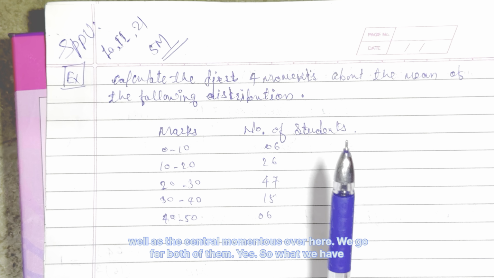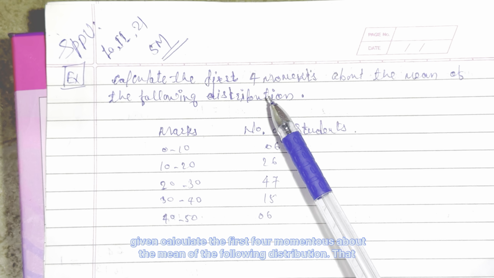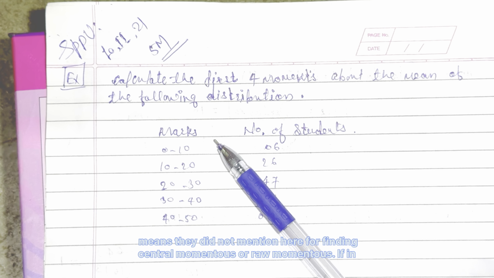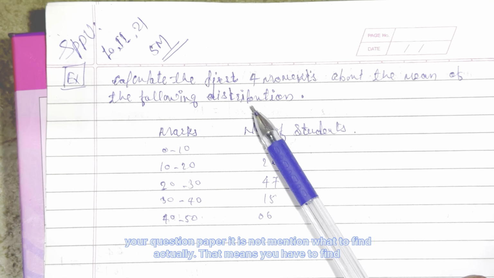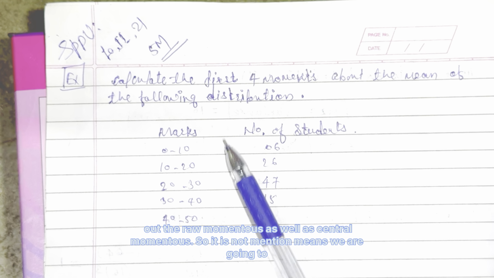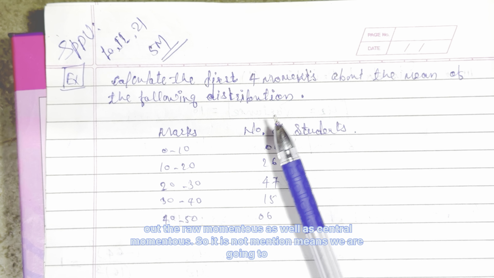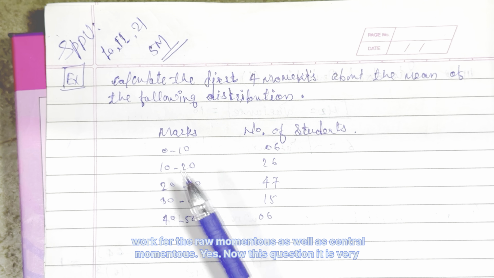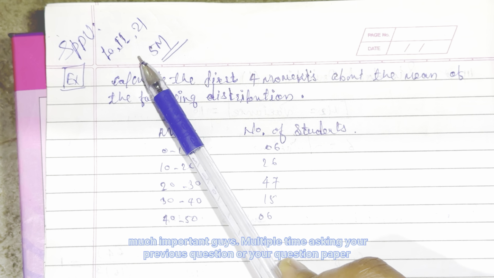The question says calculate the first four moments about the mean, and they did not mention whether to find central moments or raw moments. If it is not mentioned in your question paper what to find, that means you have to find the raw moments as well as the central moments. This question is very important, asked multiple times in previous question papers.